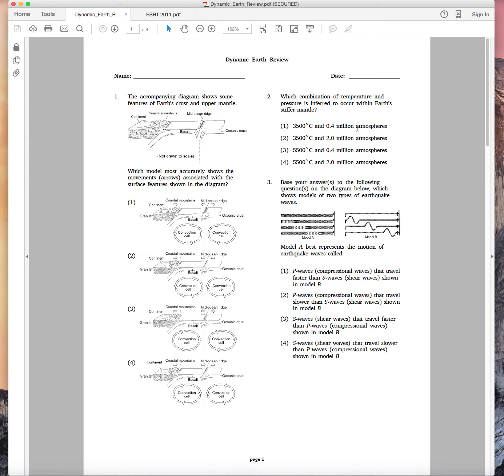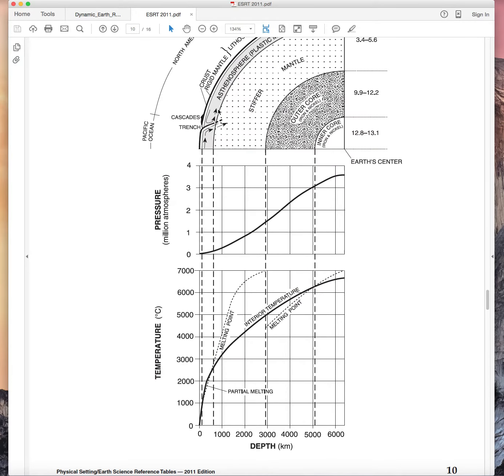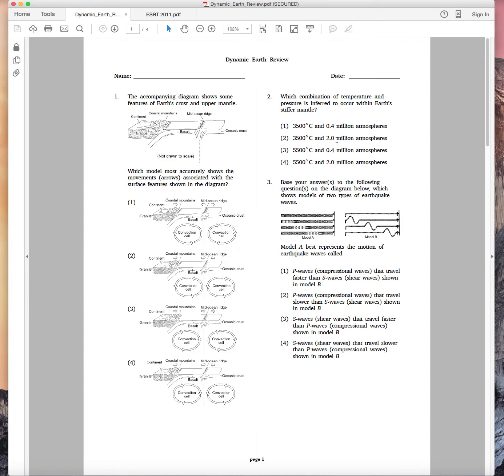Next, we have 0.4 millions of atmospheres and 2.0 millions of atmospheres. Within the stiffer mantle, we have a range of pressures from somewhere about 0.2 up until maybe 1.5 millions of atmospheres. So the 2.0 would exceed that 1.5, and 0.4 fits very well between 0.2 and 1.5. So for number 2, the best answer would be choice number 1.